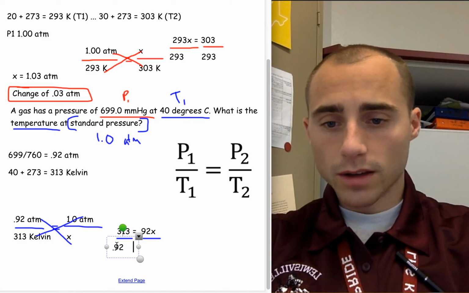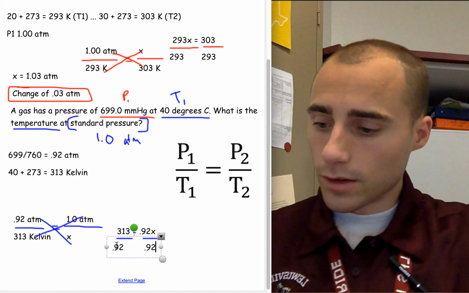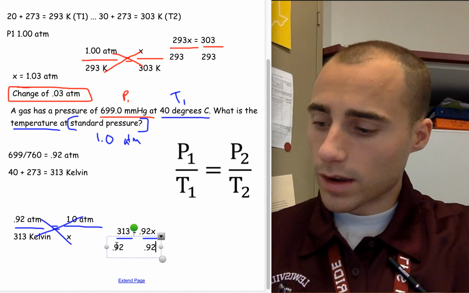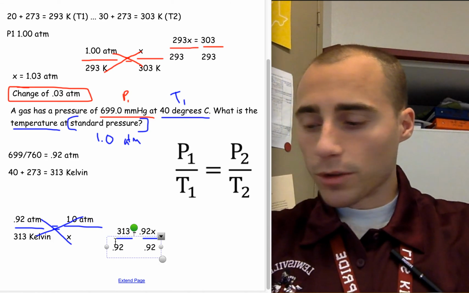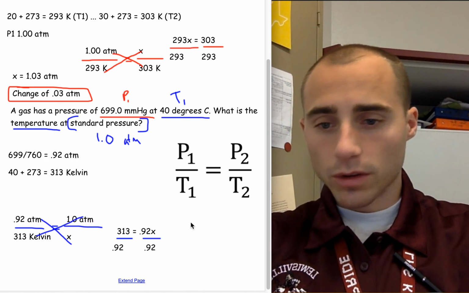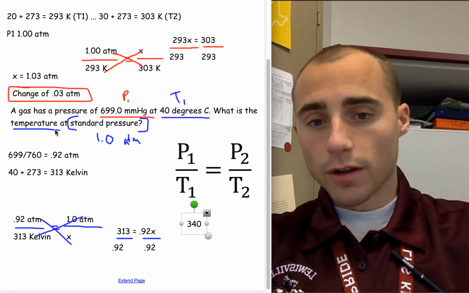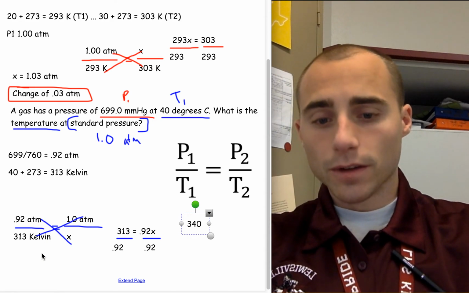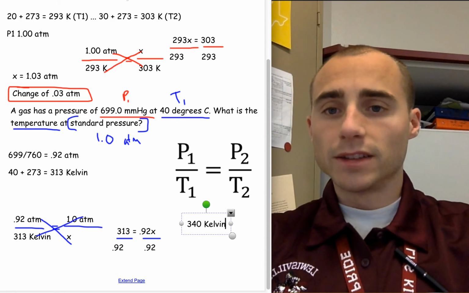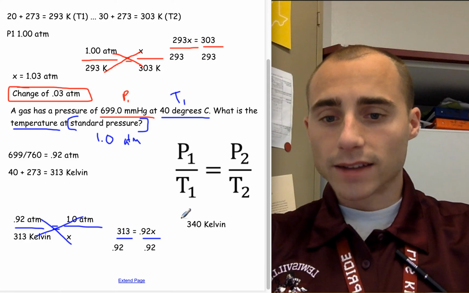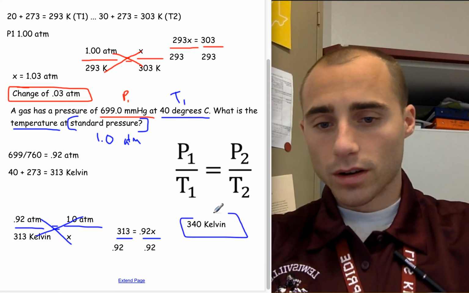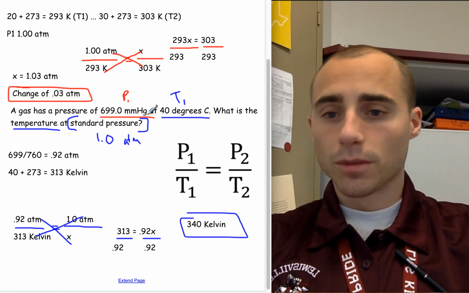So 313 divided by 0.92, you end up with 340, going to 3 significant figures. And we're solving for temperature, and that's in Kelvin, so 340 Kelvin is going to be our temperature at standard pressure in this circumstance.